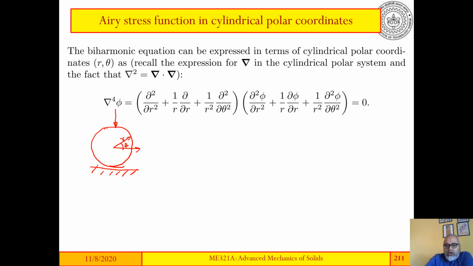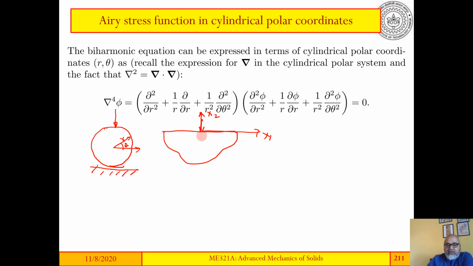But there are other non-obvious cases. For example, let's say you have a half plane. So this is your x1, this is your x2, and you have a point load applied here. But this is not a point load, this is a line load. It goes into the plane because this is, let's say, a plane strain situation where the load runs continuously in the z direction.